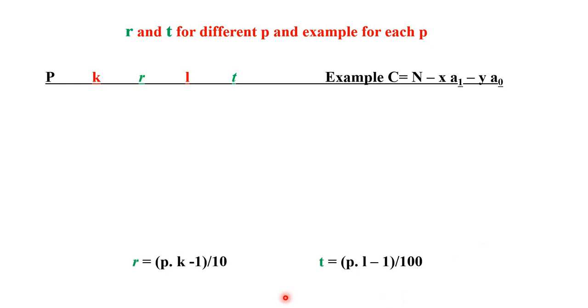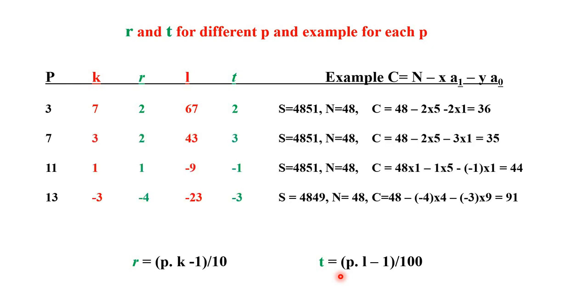So the formula written here, R is this and K is this. If you apply for different P values, in general any P value actually, I have done P equal to 3, 7, 11, 13 and 17, and I have chosen deliberately some numbers which are divisible by the corresponding P values.